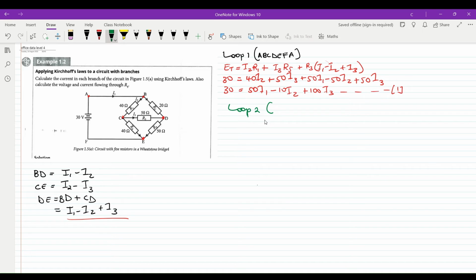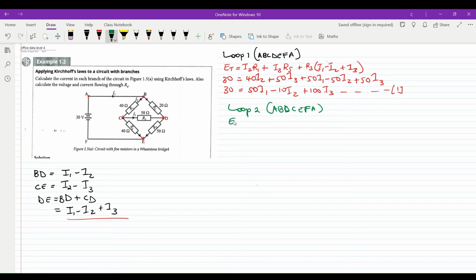However, you are allowed to take any loop that you may wish to desire. If calculated correctly and the rules of Kirchhoff are followed accordingly, you will realize that you arrive at the same answer. We're going to take loop A, B, D, C, E, F, A. In your student book, that will be figure 1.5D.